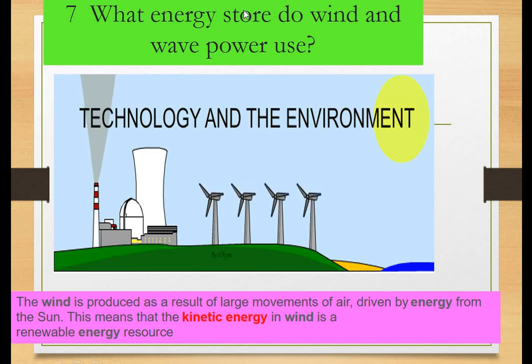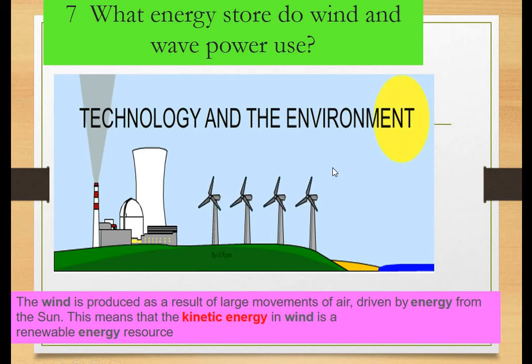Right, this next one, what energy store do wind and wave power use? So here we've got waves coming to the shore and going back. Here we have turbines that are using wind energy. So the wind is produced as a result of large movements of air driven by energy from the sun.